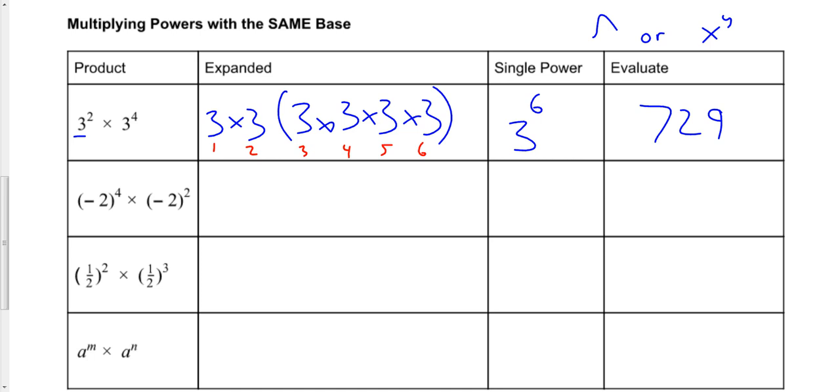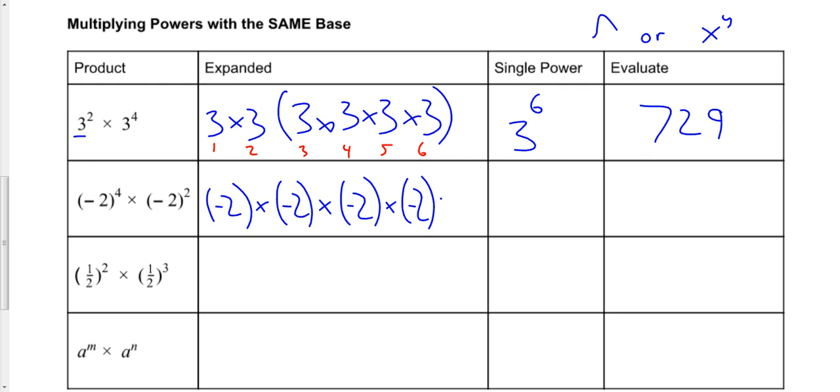Now the next example. I've got negative 2 as my base, multiplied by itself 4 times, and then times negative 2 to the exponent 2. What this actually means is negative 2 times negative 2 times negative 2 times negative 2 times negative 2 times negative 2.